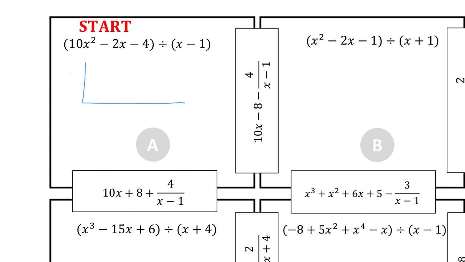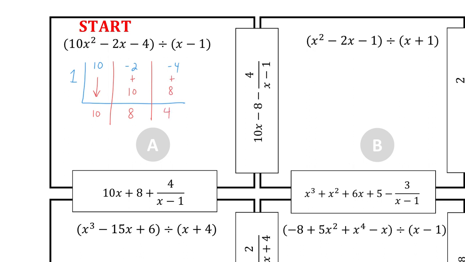we will have positive 1 on the outside, and our coefficients are 10, negative 2, and negative 4. Bring down the 10. 1 times 10 is 10. Add those up, you get 8. 1 times 8 is 8. Add it up, you get 4.